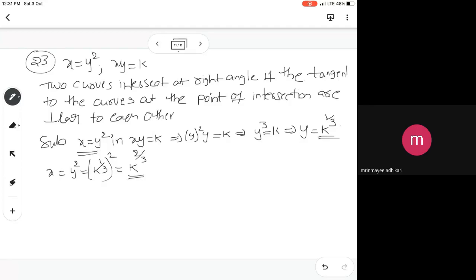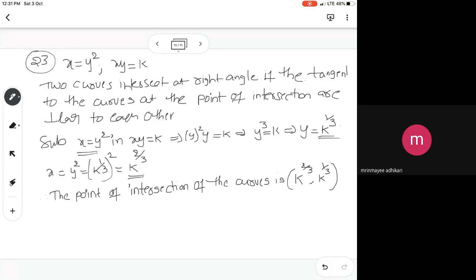Therefore the point of intersection of the curves is k power 2 by 3 comma k power 1 by 3.